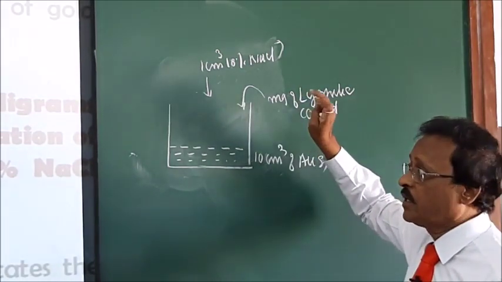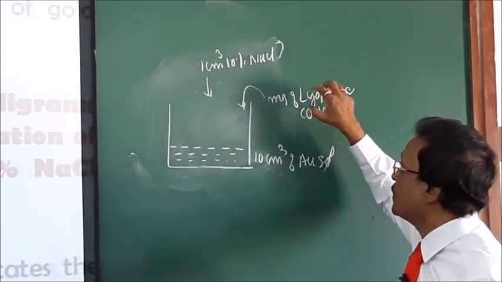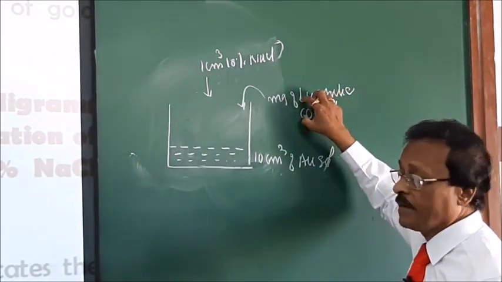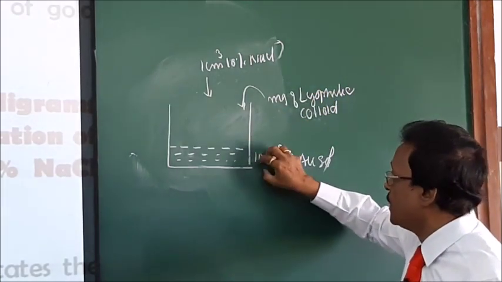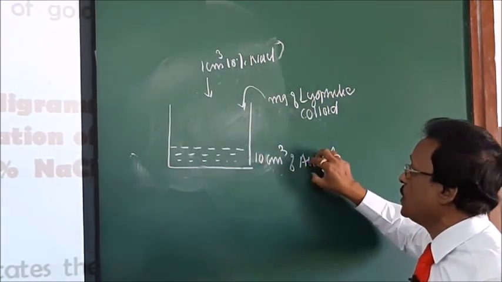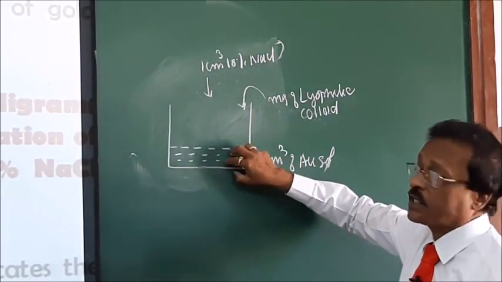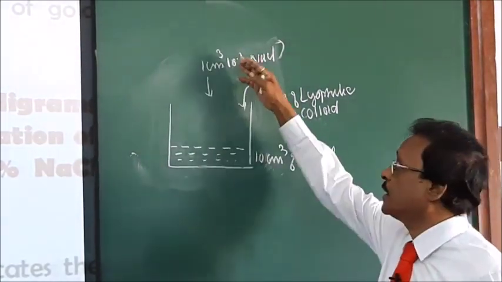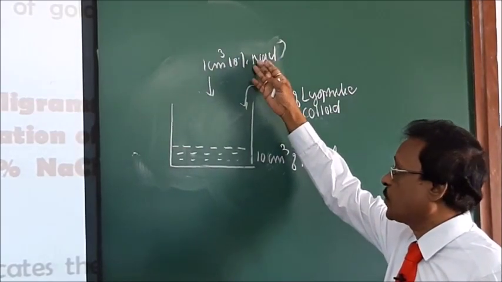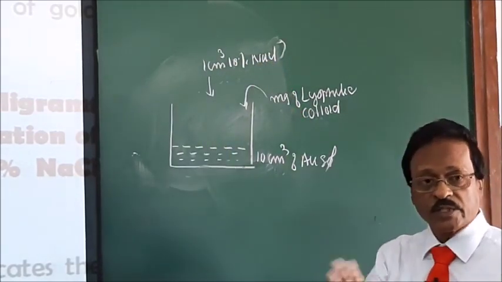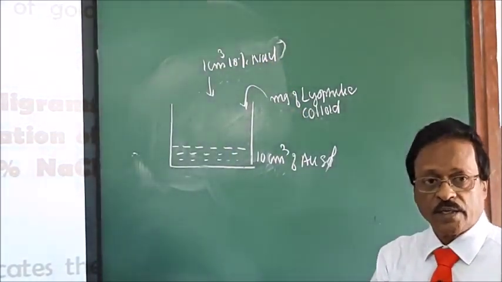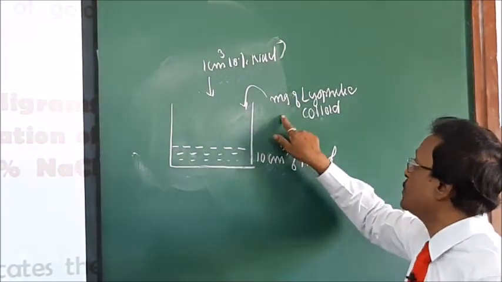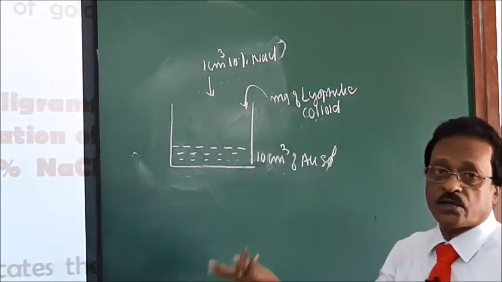The gold number is defined as the number of milligrams of lyophilic colloid that should be added to 10 cm3 of gold sol just to prevent precipitation on adding 1 ml of 10% sodium chloride. Even on adding the 1 ml of 10% sodium chloride, this gold sol should not get precipitated. You have to protect it. So to protect it, the number of milligrams of lyophilic colloid that should be added is the gold number.